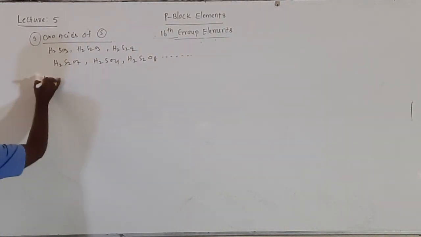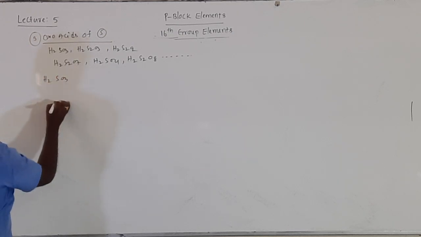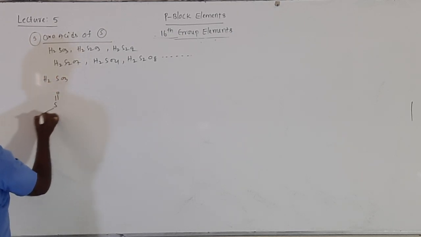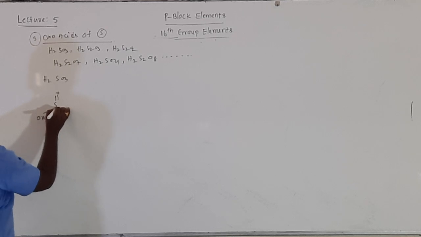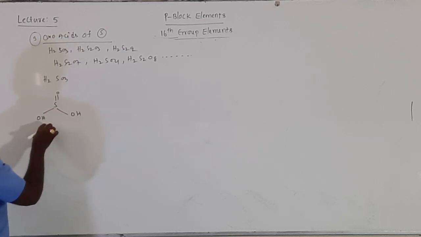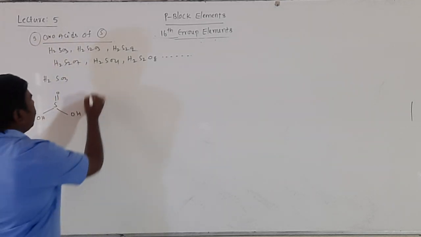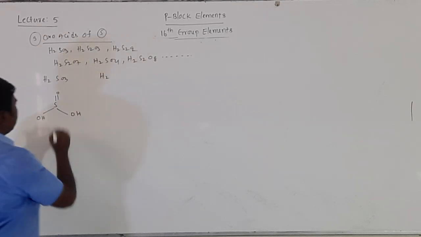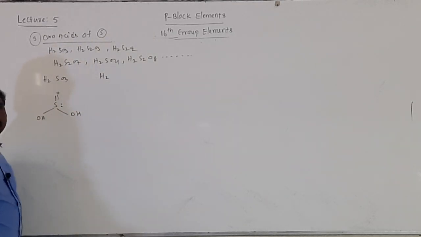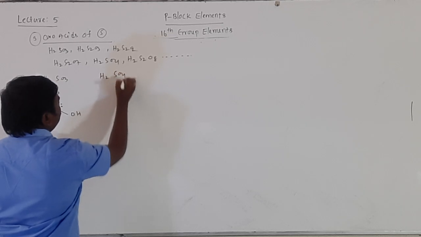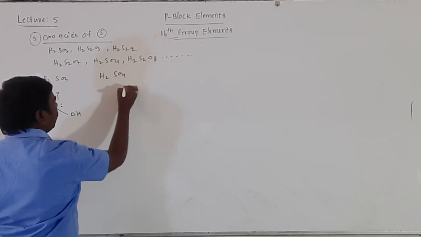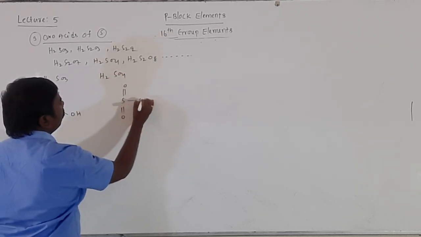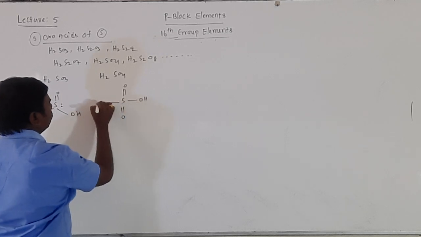First one is H2SO3: sulfur central atom, OH and OH. For H2SO3, I think one lone pair must be on the central atom. H2SO4: sulfur central atom, double bond O, double bond O, OH and OH.